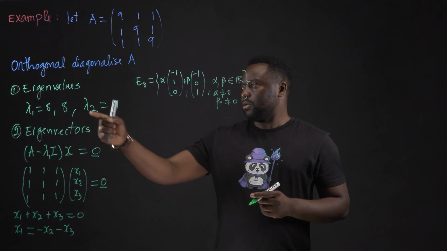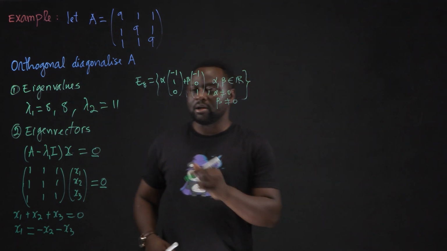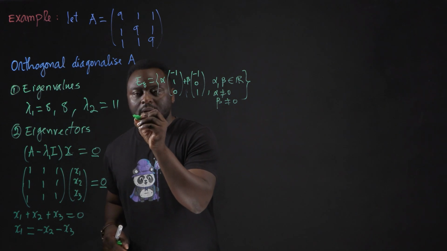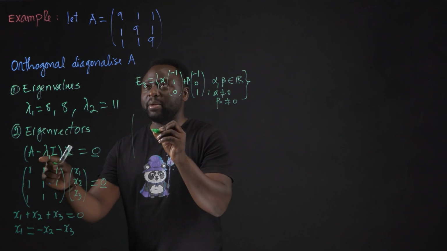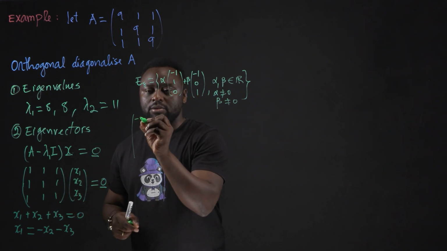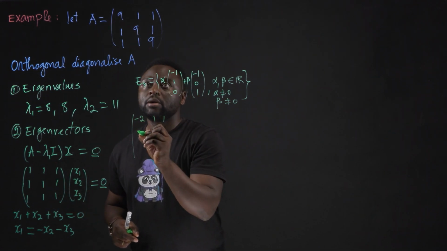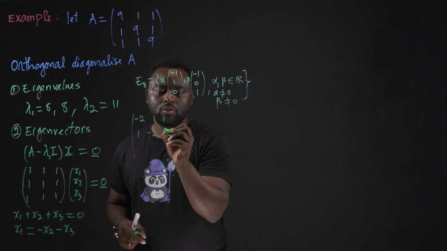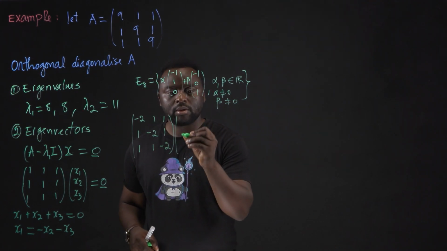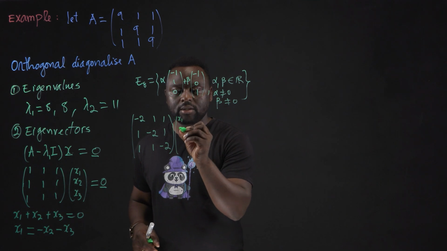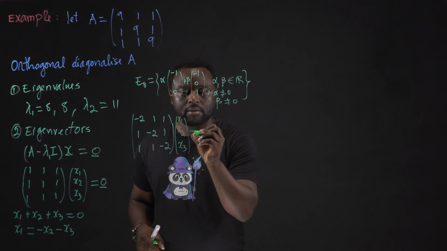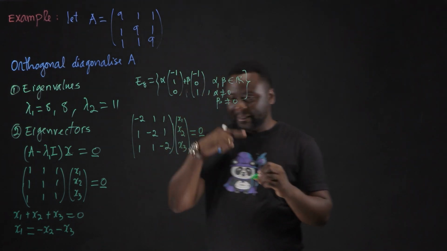Let's look for the eigenvectors for the second eigenvalue. For lambda 2, we have 11. Same eigenvalue problem: 9 minus 11 is minus 2, 1, 1, then 1, minus 2, 1, and so on, multiplied by x1, x2, and x3, all equal to 0.